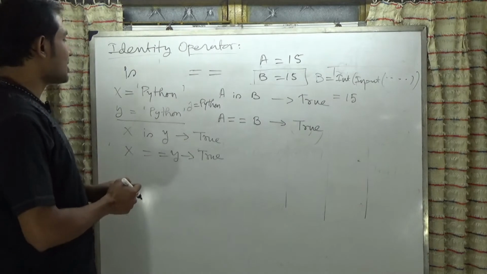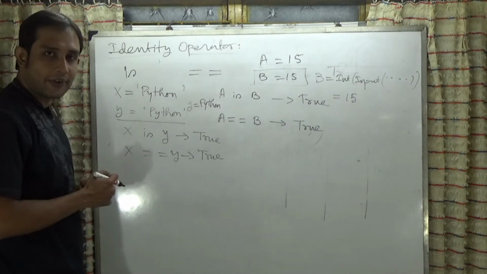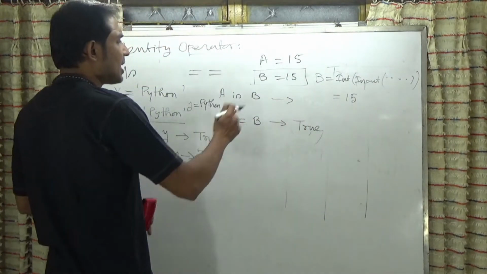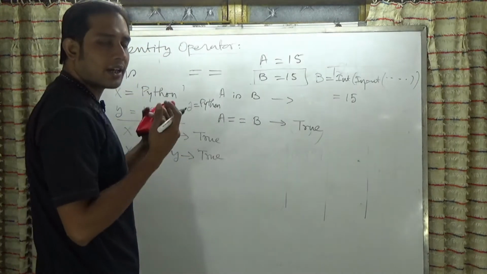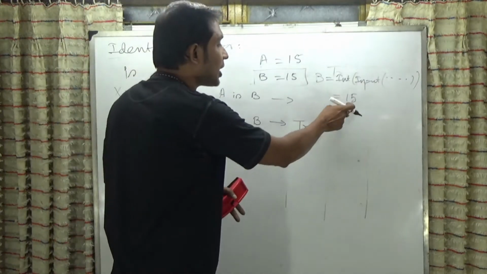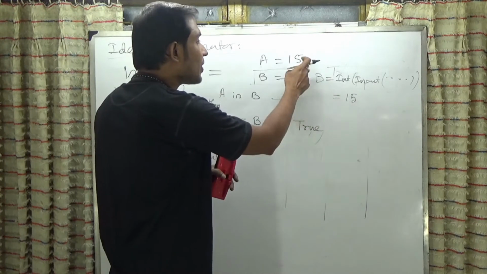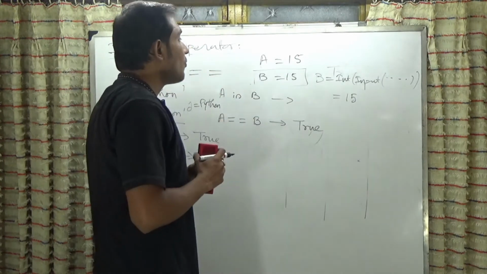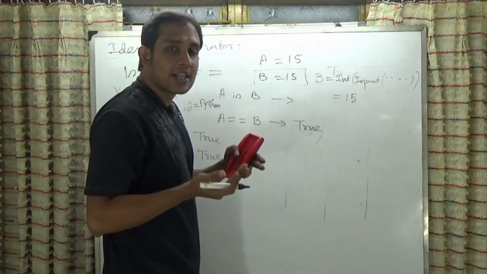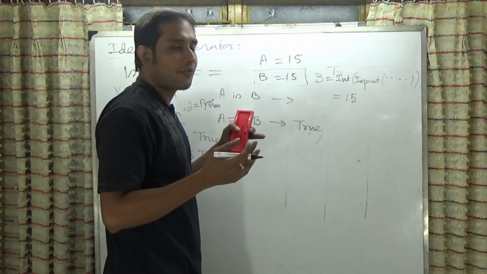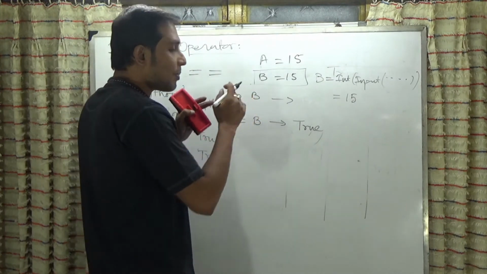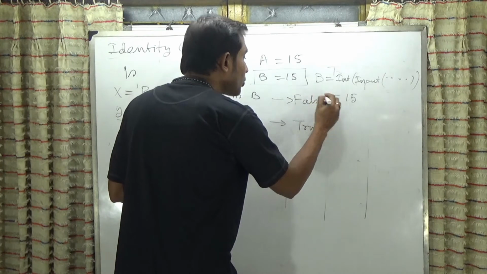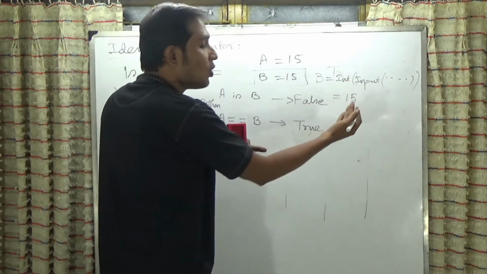Now what is the difference when I use the is and equal to operators? The basic difference is that the value of a, 15, is stored in one memory location, but when taking the input from the user, even though the value entered is the same as the value assigned to variable a, the memory reference or memory location is always different. So a is b returns false when we take the value from the user.